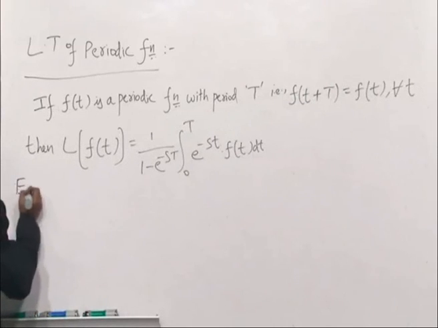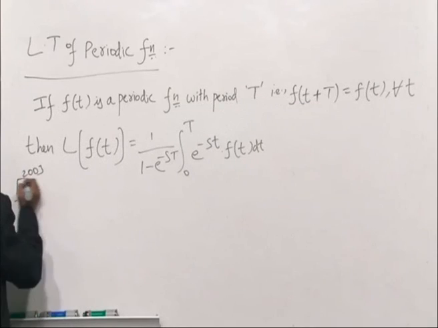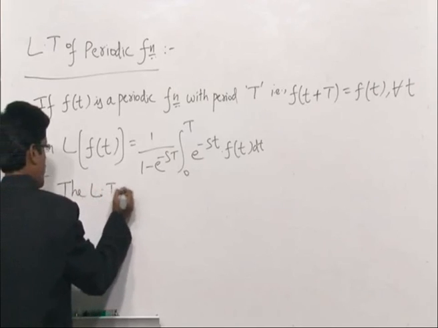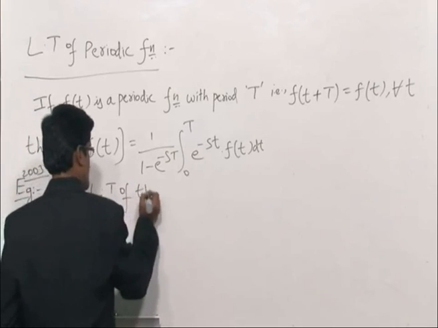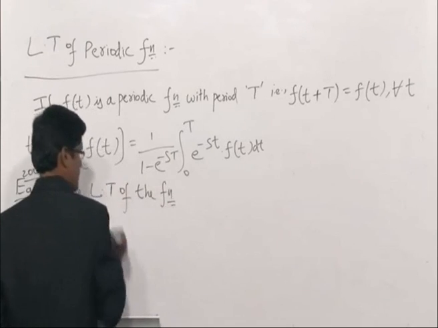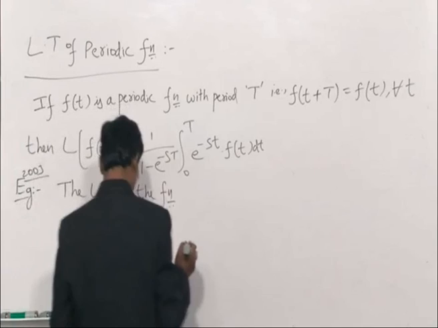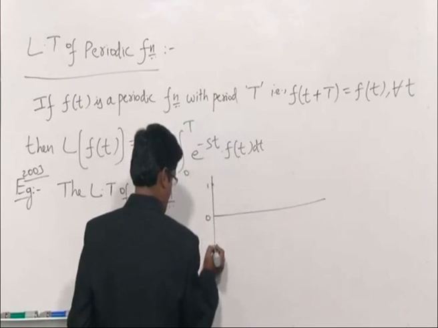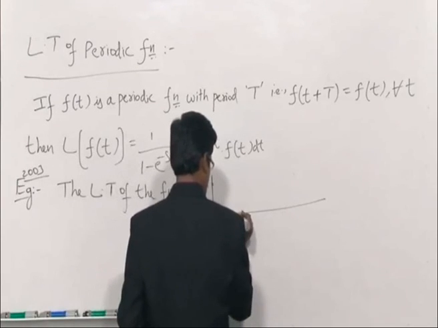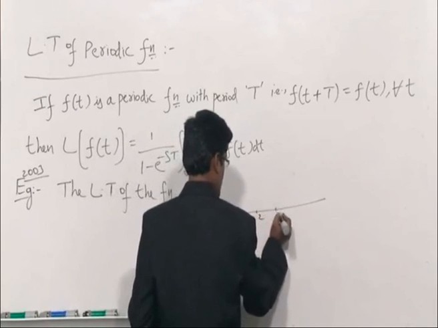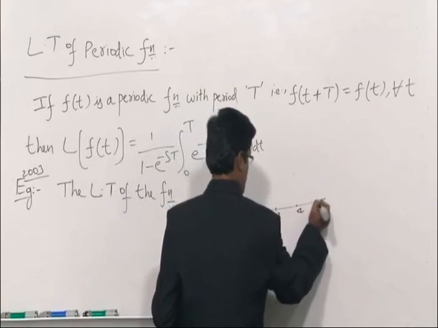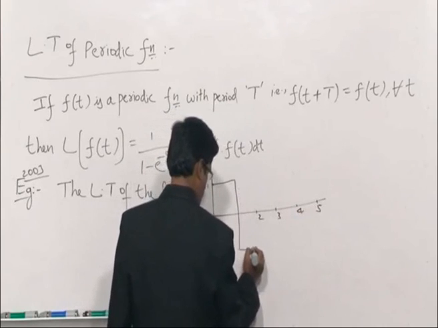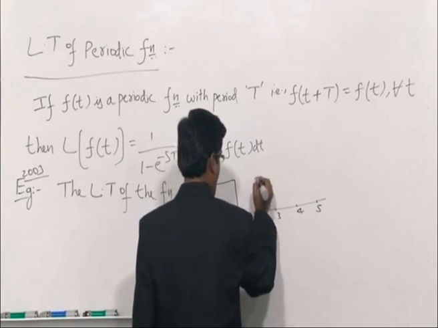So example, which is given 2003. The Laplace transform of the function, with values zero, this number 1, this number minus 1, and 1, 2, 3, 4, 5 on the axis.